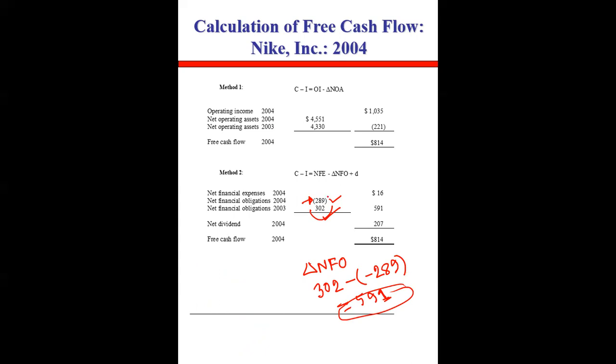The company had 302 net financial obligations in 2003. Then the company now has negative net financial obligations. What does it mean? Additional investment. The company now has net negative financial obligations. Does it not mean that the company now has a net financial asset?